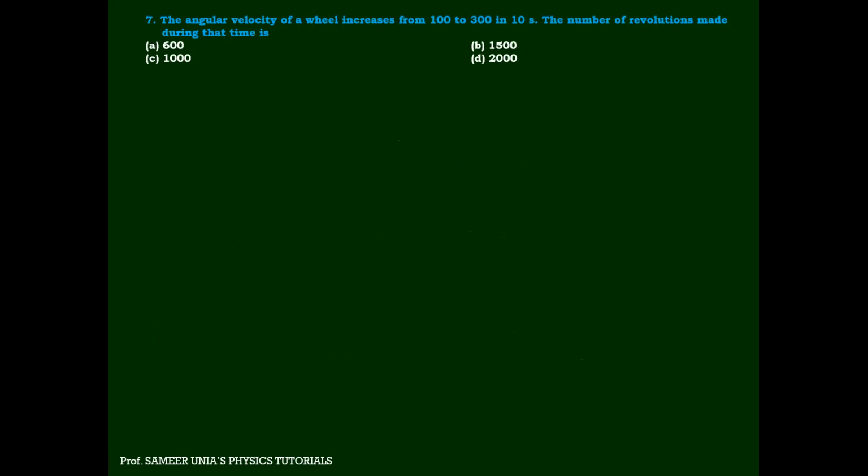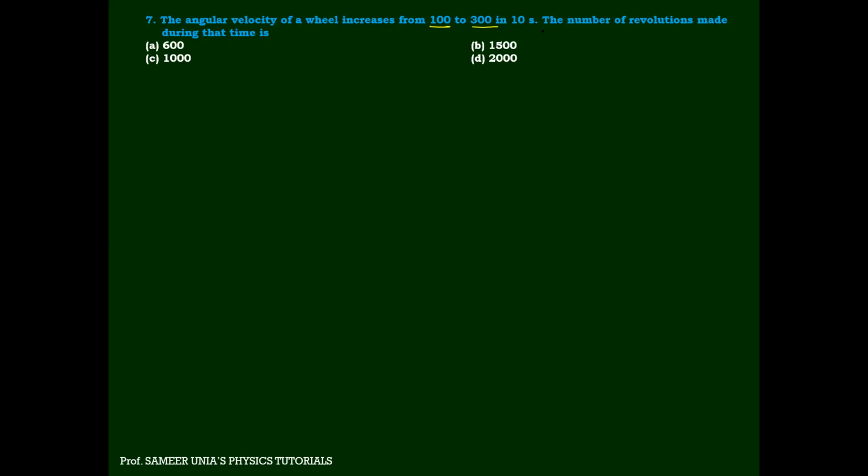Okay, देखो. Question number 7. The angular velocity changes from 100 to 300 in, so ये रेडियन पर सेकंड है, ये फ्रीक्वेंसी है एक्चुअली. द नंबर ऑफ रेवोल्यूशंस. तो सबसे पहले हम लोग क्या निकालेंगे? If you need number of revolutions, how to find?